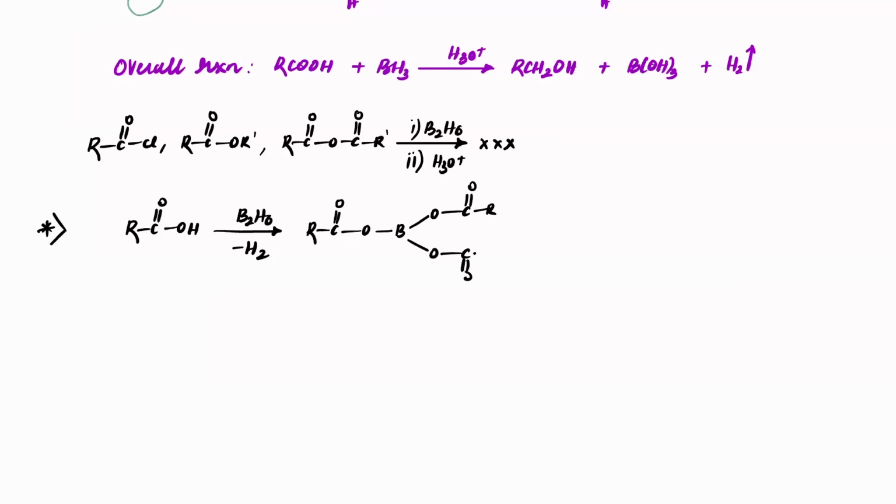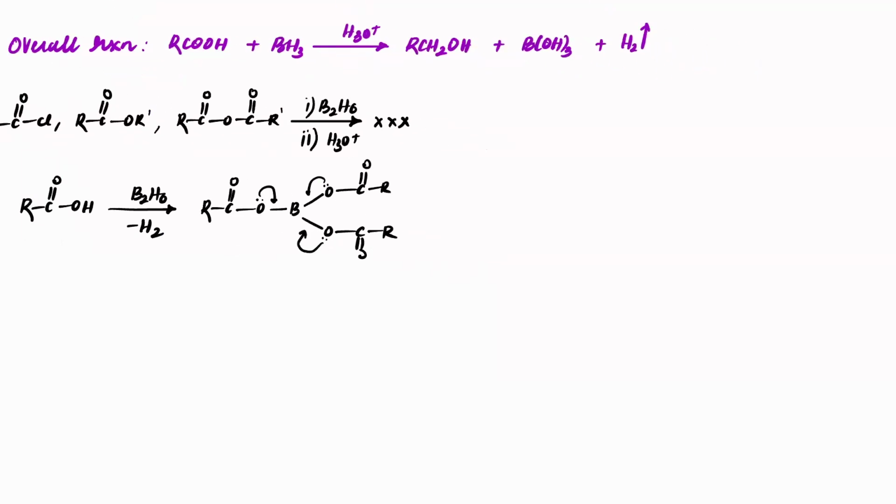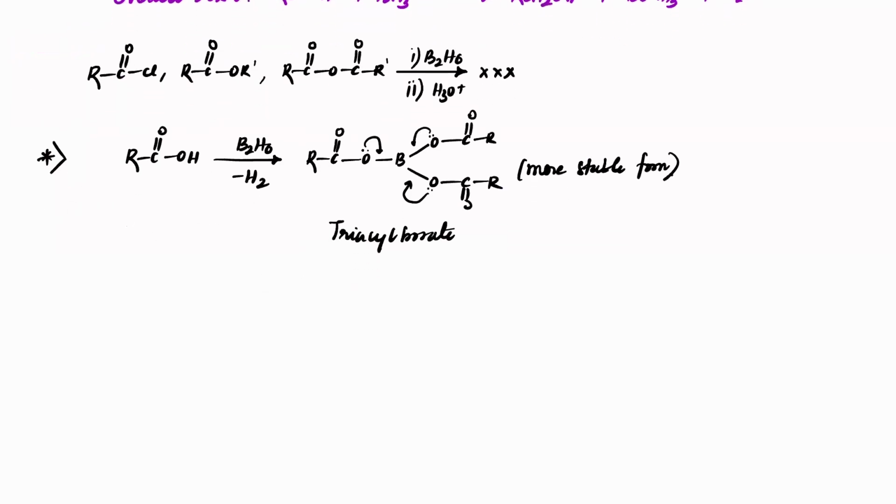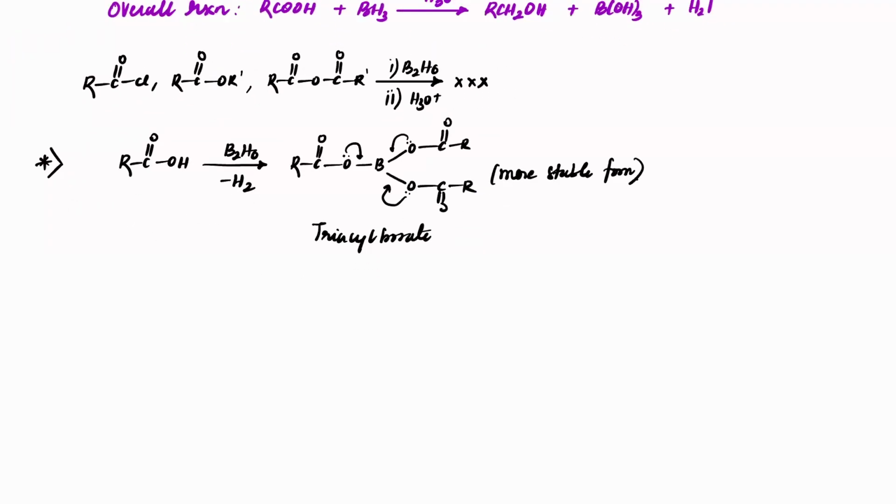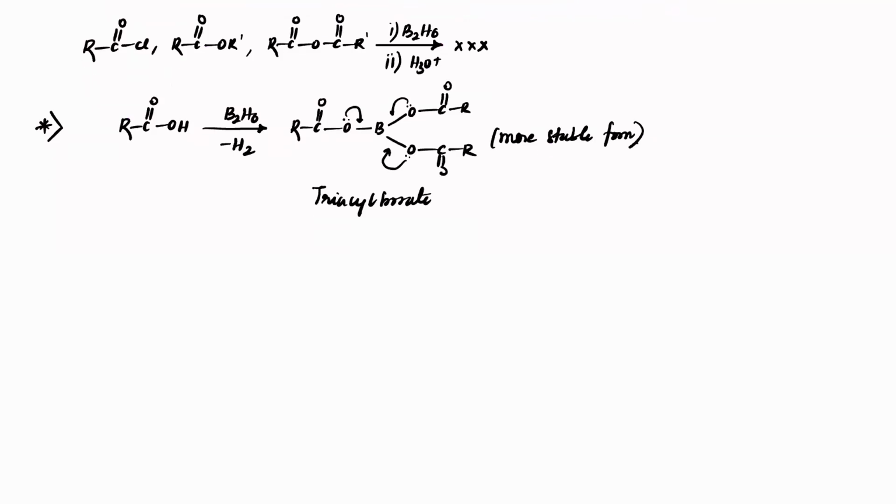This is another part of the explanation which was given, and the lone pair of this would always be strongly resonance stabilized with boron, and that keeps this triacyl borate in a more stable form. So because of this acyl borate form, this reaction happens better for acids.